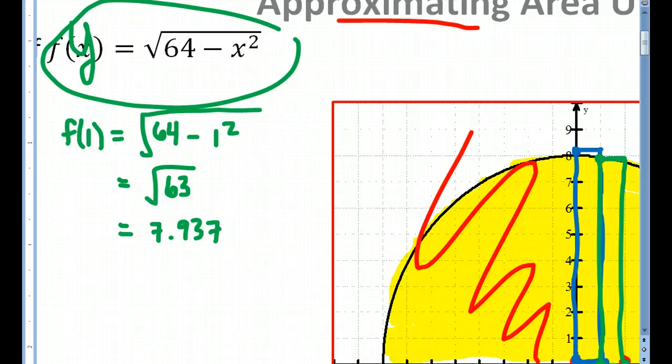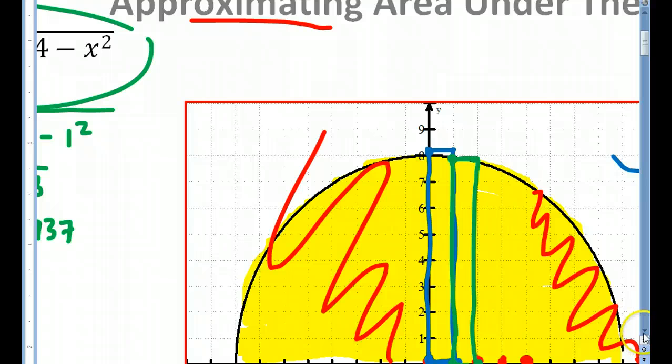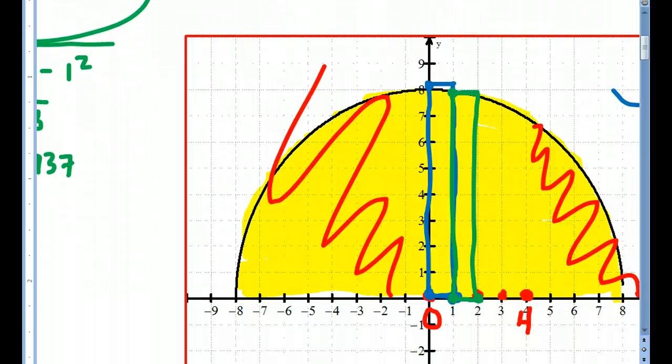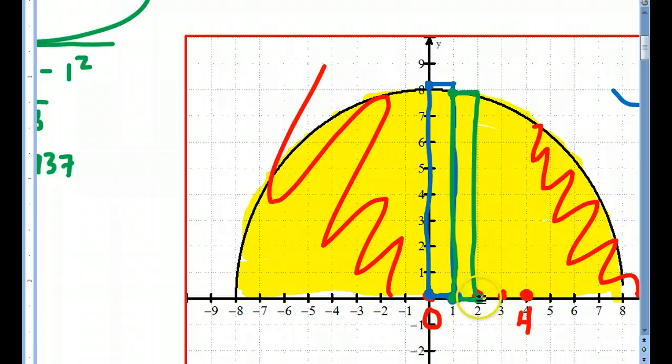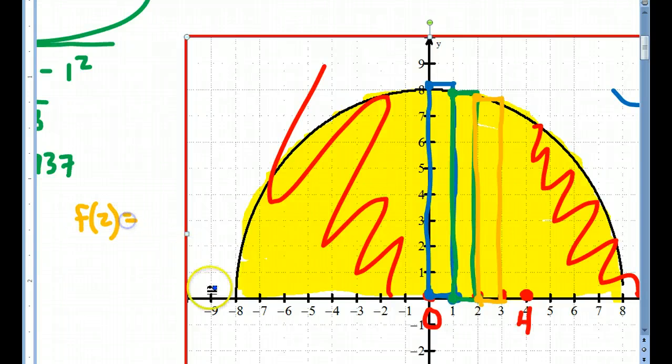So what would I do on this next one? Same, the rectangle goes up to here and cuts across. I don't care about this side until the next rectangle. But what's the height going to be here? Plug in the left endpoint, which is 2, so find f of 2.